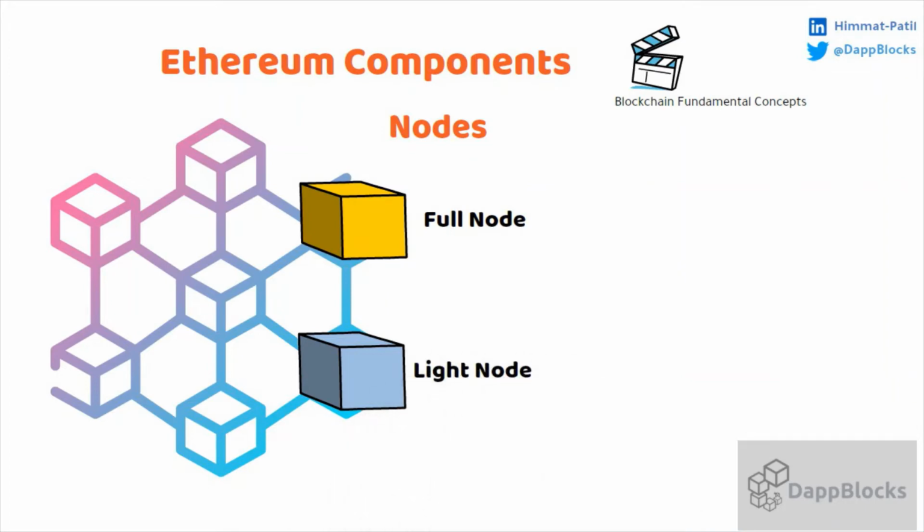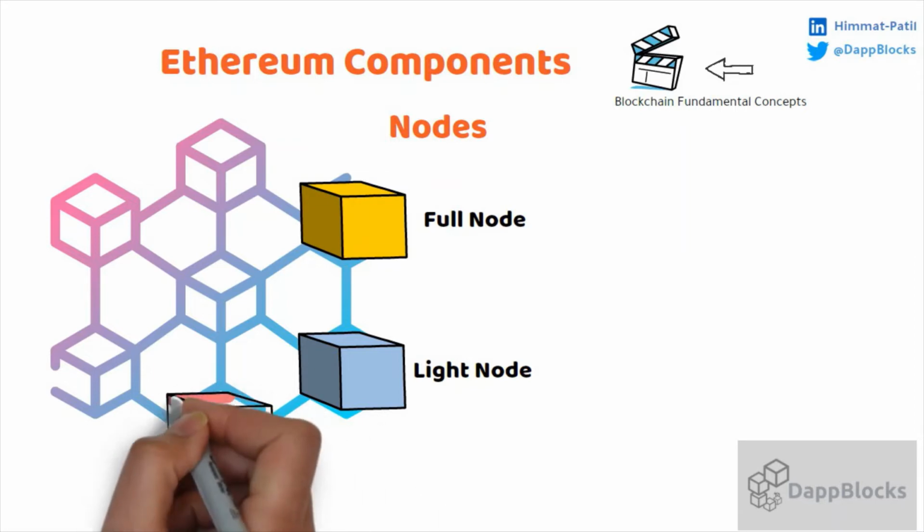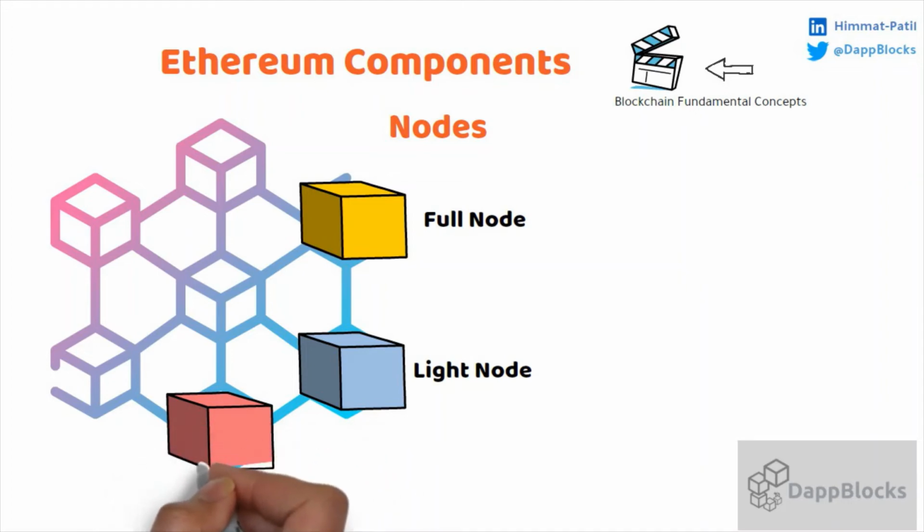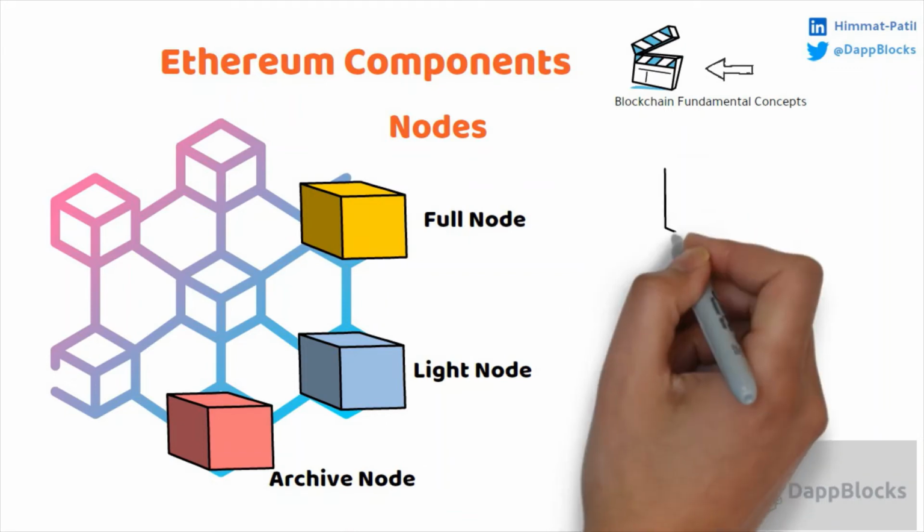If you want to know more about block header and body of the block, how it is derived and what it contains, you will find details in the blockchain fundamental concepts video. Archive node. It stores everything from a full node as well as the historical state of the blockchain. A full node stores the current state, whereas an archive node stores current as well as historical state.